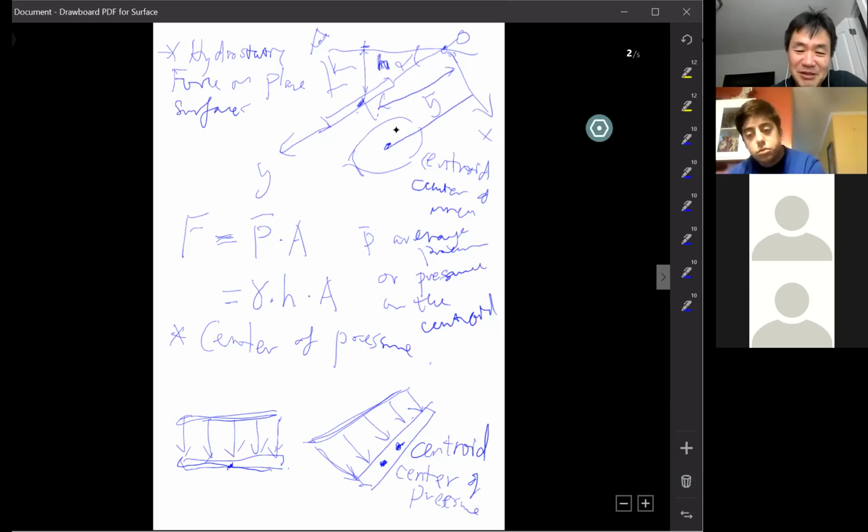Because the bottom has a higher pressure, you have a lower area down there. In the top, you have a lower pressure, so you have a larger area. So the top and bottom are balanced about this center of pressure location. That's why the center of pressure is always below the centroid for an inclined plate.